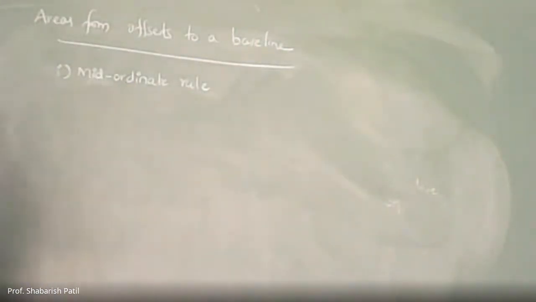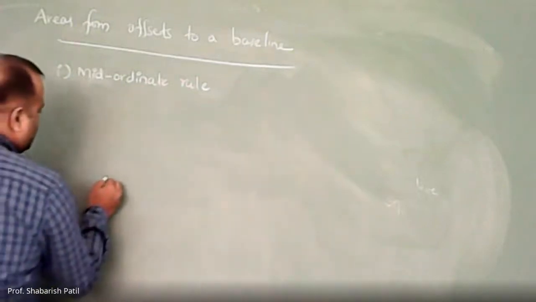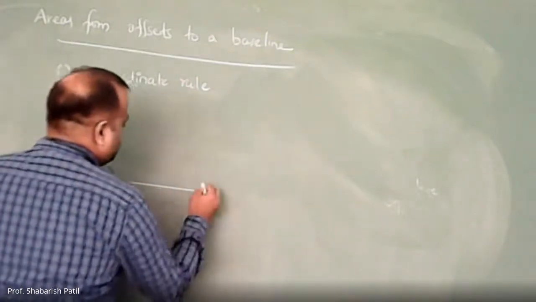What's the assumption in the mid-ordinate rule again? The assumption is the boundaries are being joined by straight lines between the offsets or ordinates.